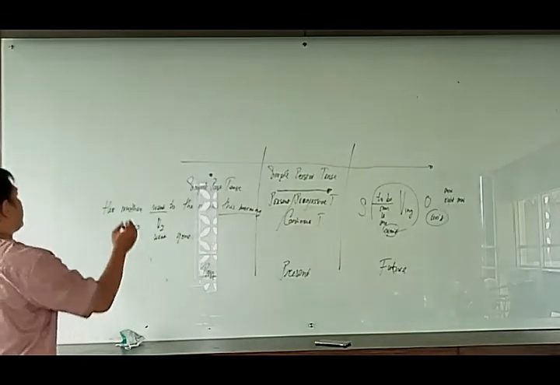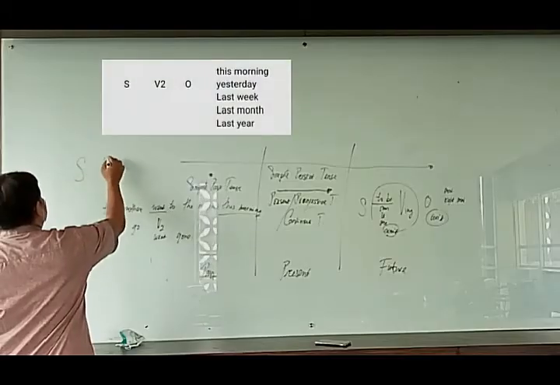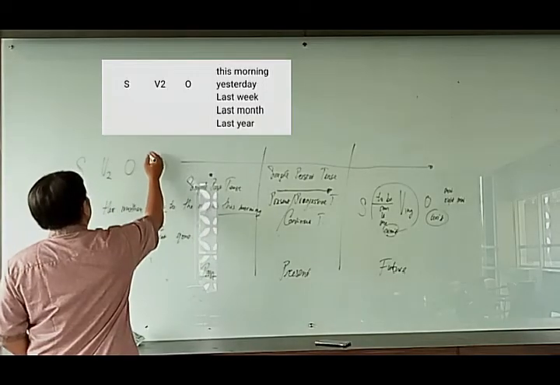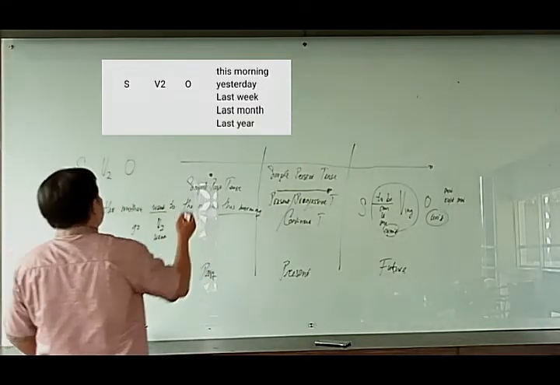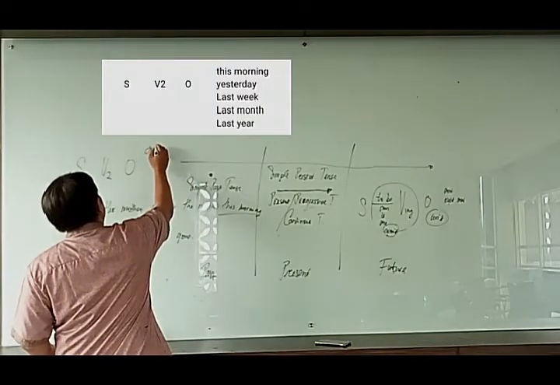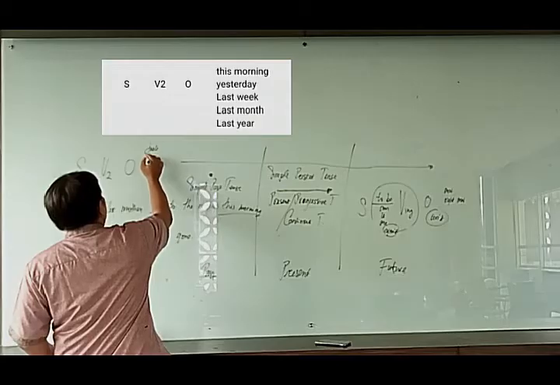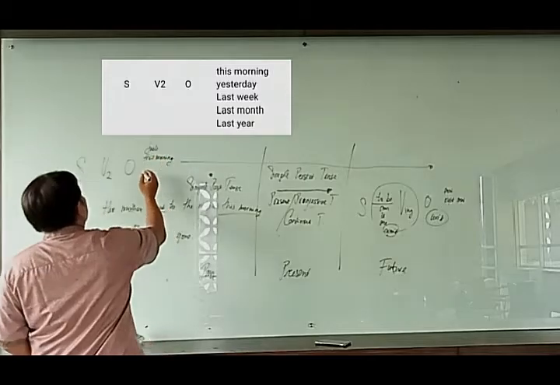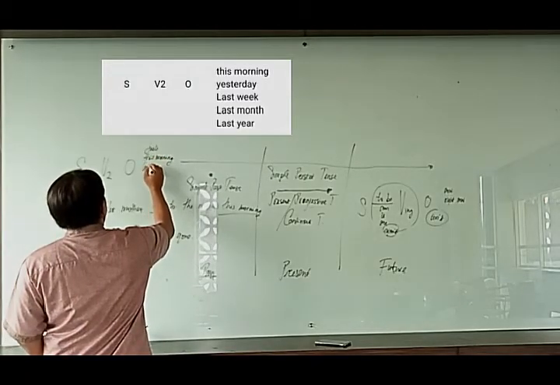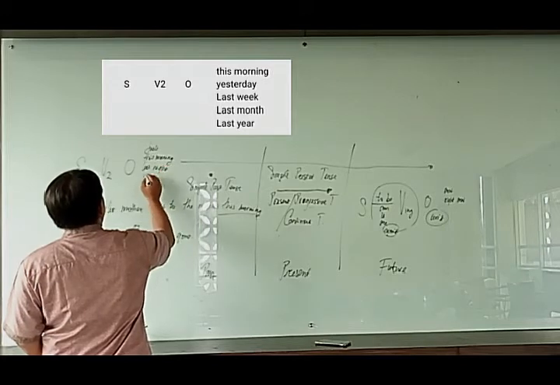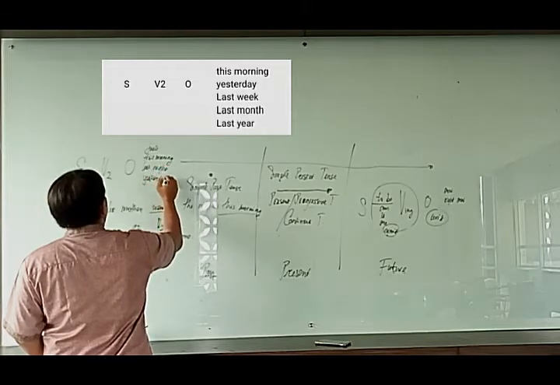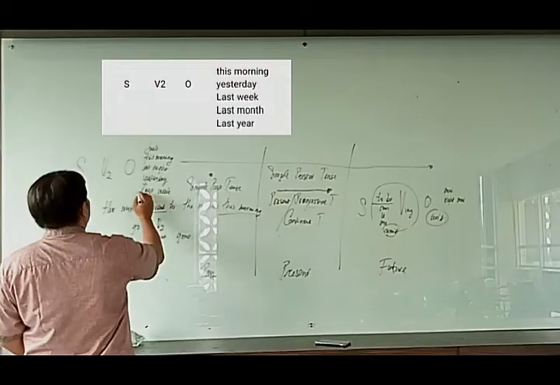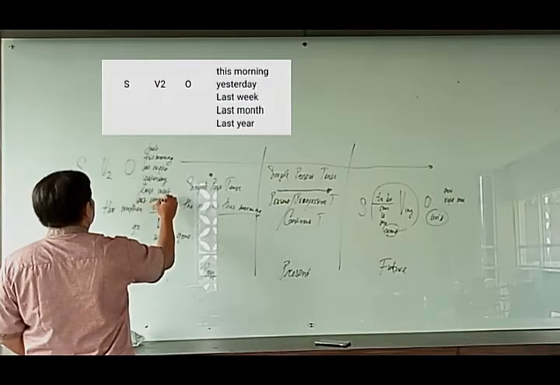The structure for this: subject, verb second, object, and then the time scale of the past, which can be this morning, last night, yesterday, last week, last month, and so on.